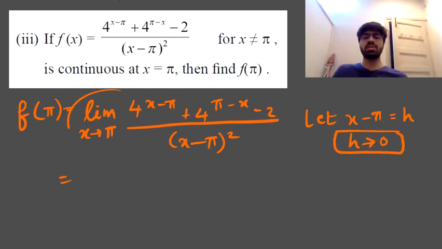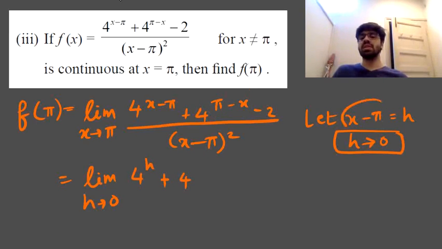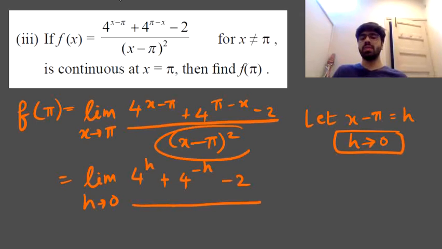So this limit gets converted to limit of h tends to 0. This term is 4 power x minus pi, but x minus pi was h. So we have 4 power h plus 4 power pi minus x is the negative of this. So this will become 4 power minus h minus 2, the whole divided by this itself was h. So in the denominator it is h square.